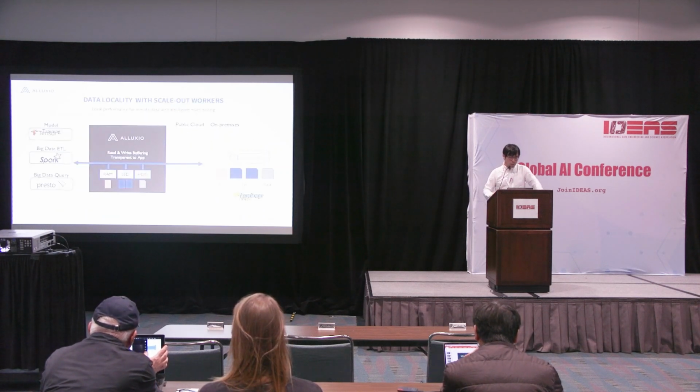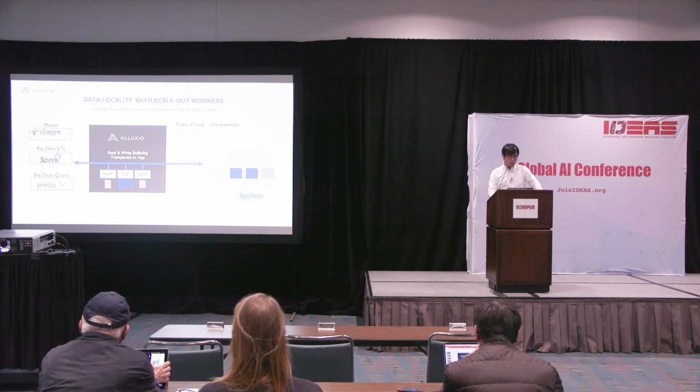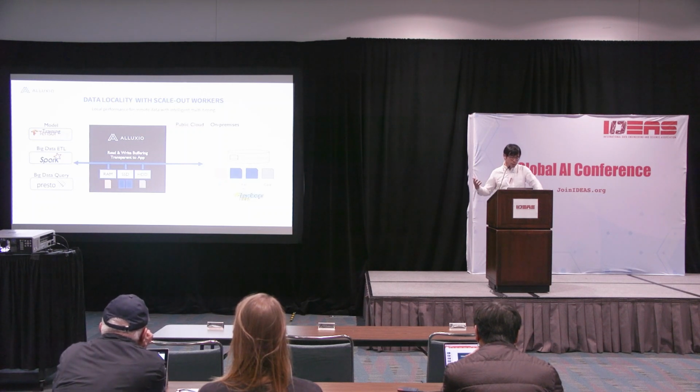So I will be very brief on the technical details about how we implement this. We have this built-in storage to provide data locality with the scale-out workers, and also the scalable masters.